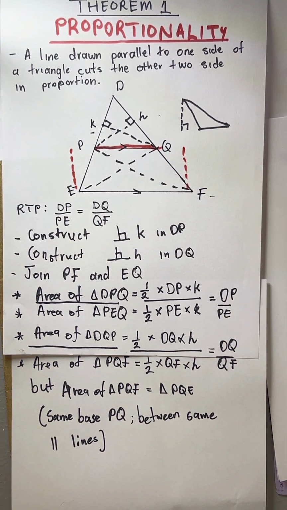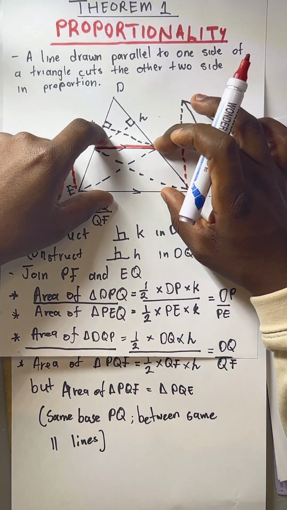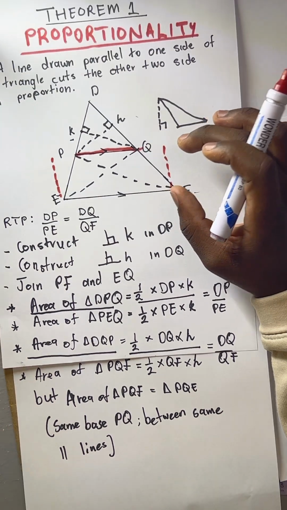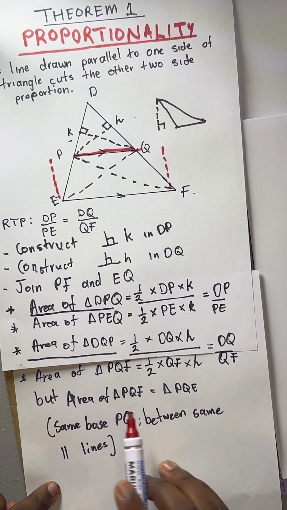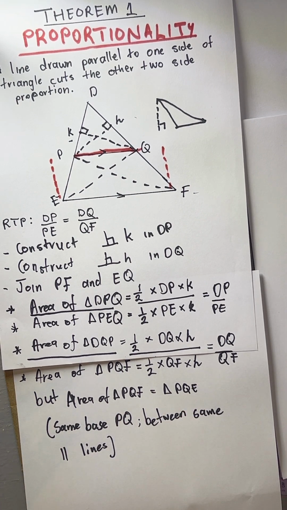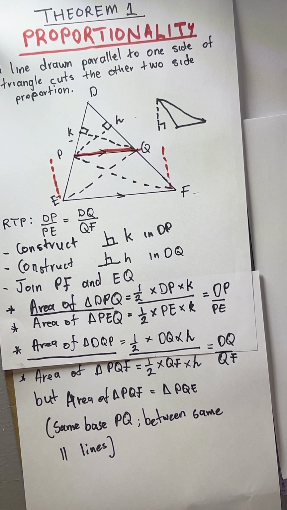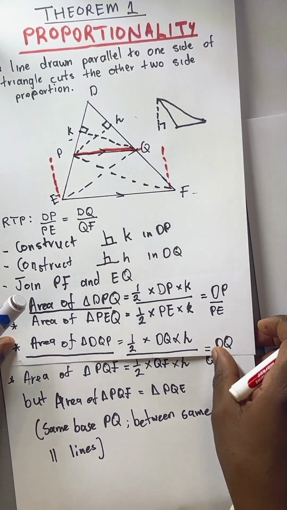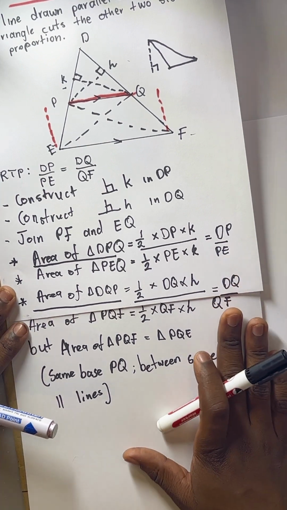Because your height is also found between the same parallel lines, and therefore the height is going to be the same altogether. So that's the reason we are saying the area of this triangle and the area of this triangle are equal: they have the same base and they are found between the same parallel lines.